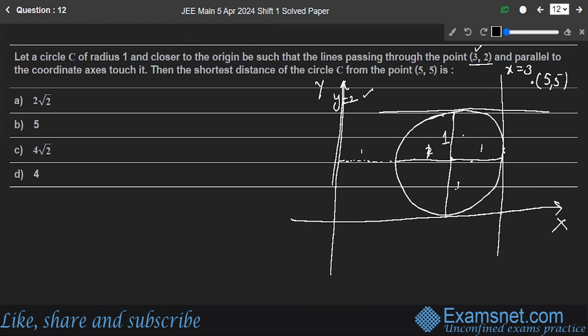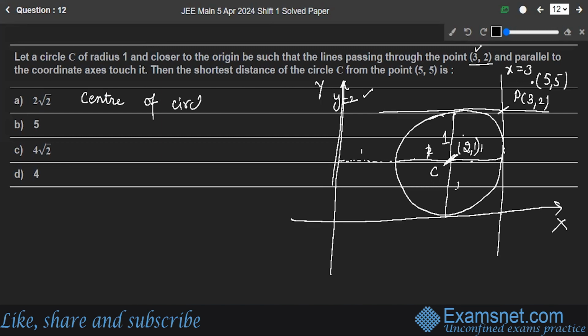Now let's see. Let's say this is P, (3, 2), and this is the center of the circle. This point has the x coordinate as 2 and y coordinate as 1.